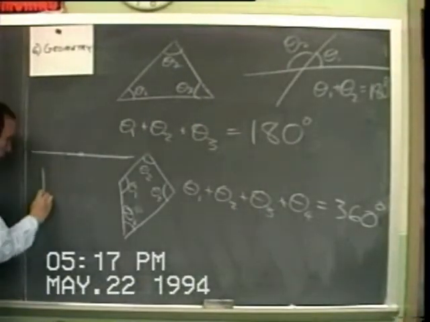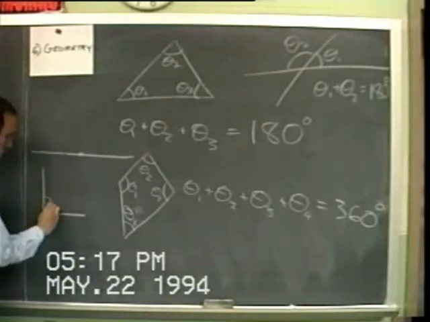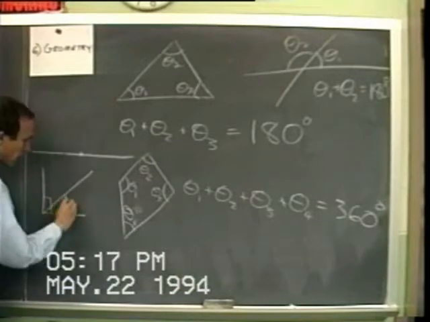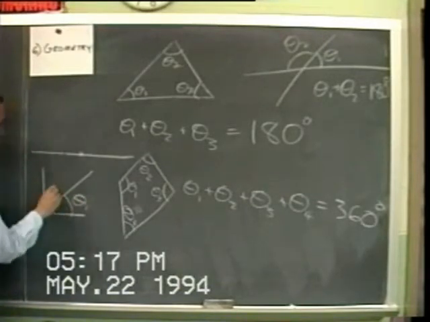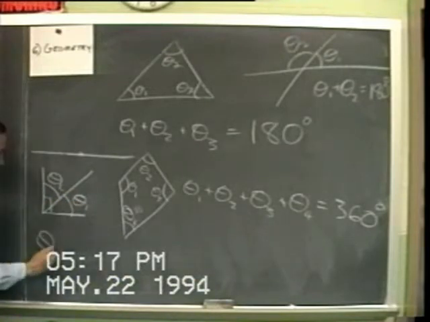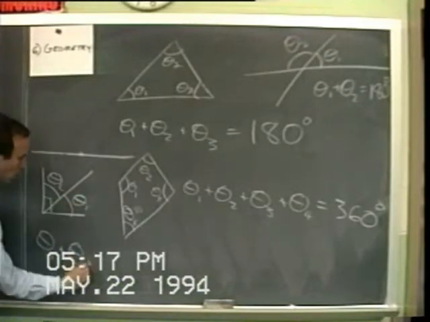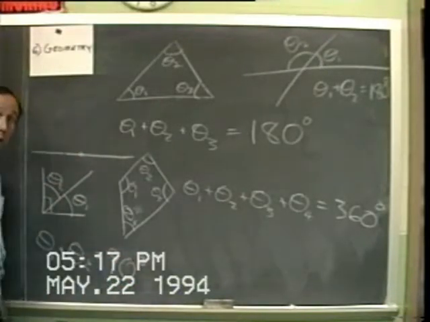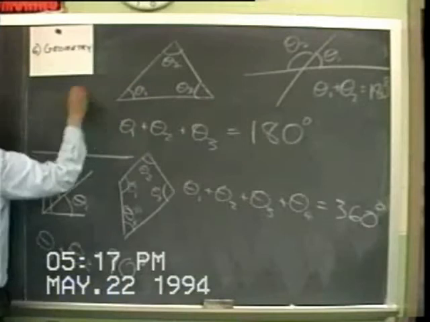If you've got a right angle, so a 90-degree angle, split into two angles, by inspection, theta 1 plus theta 2 is equal to 90 degrees. For a right triangle, for instance, that comes in handy.